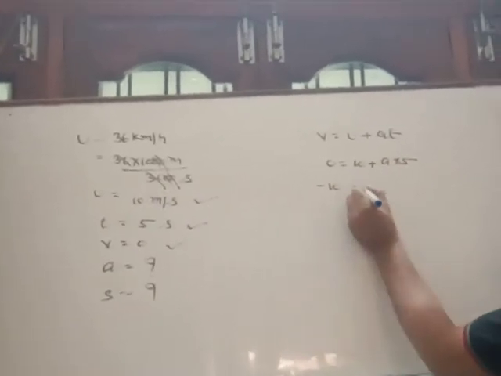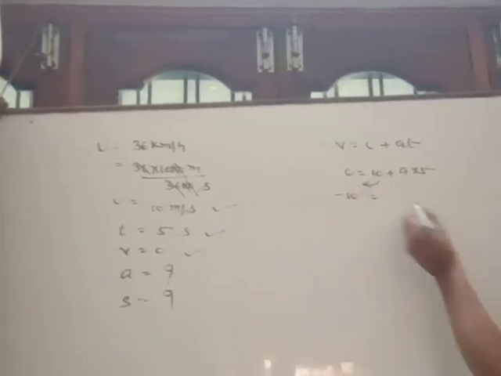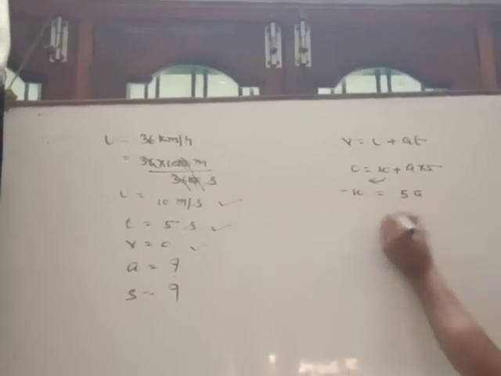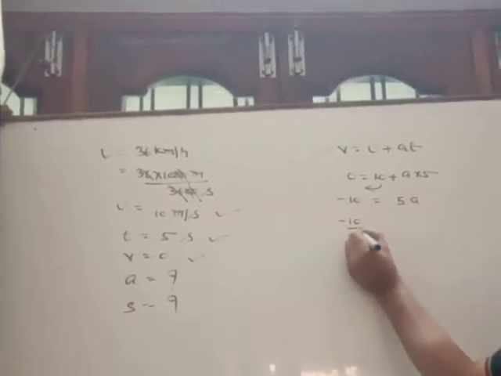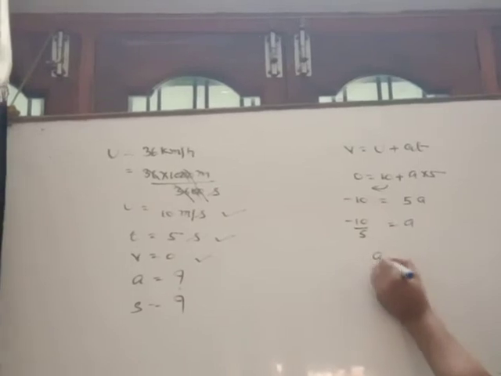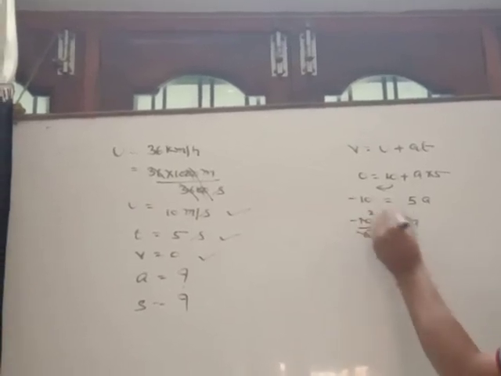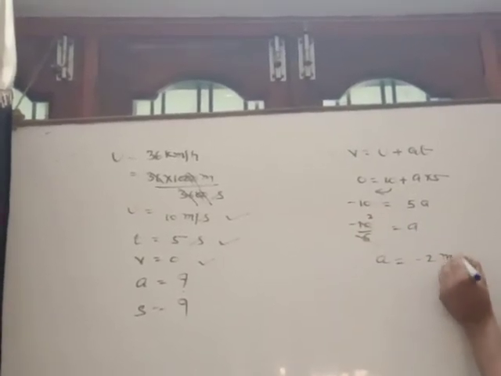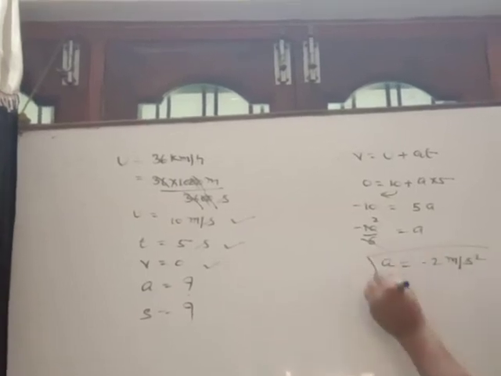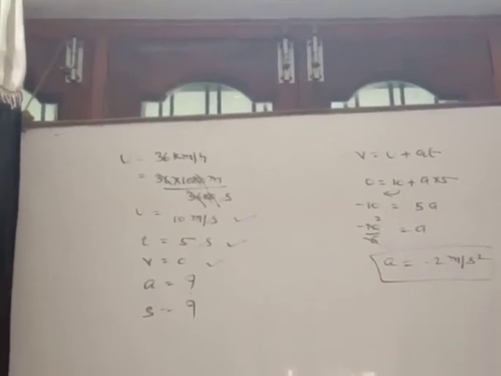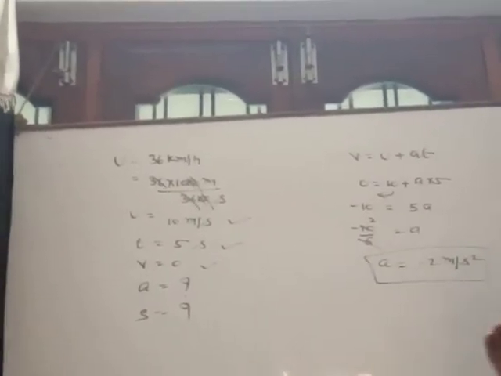It is minus 10. Transfer this 10 to left, become minus 10 is equal to 5A. So minus 10 upon 5 is equal to A. So A is equal to minus 2 meter per second square. Here negative sign shows that retardation is taking place, means velocity decreases.